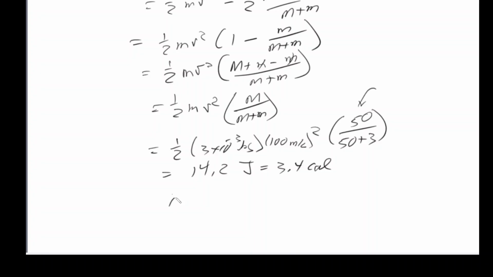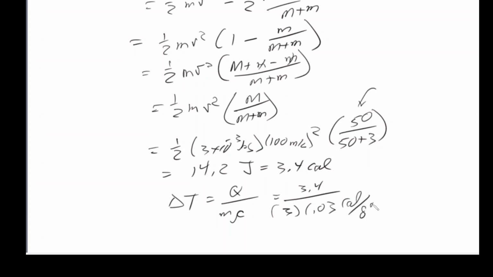And once again, we can find the change in temperature by using Q over mass times specific heat, which is 3.4 over 3 grams times 0.03 calories per gram degree centigrade.